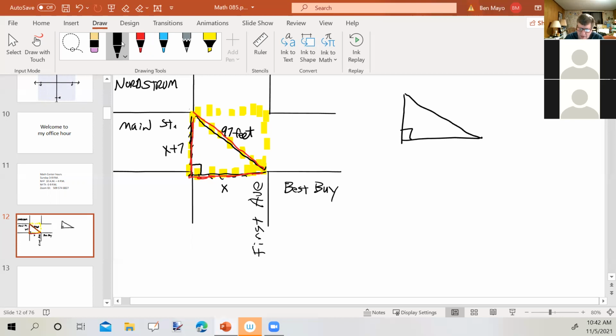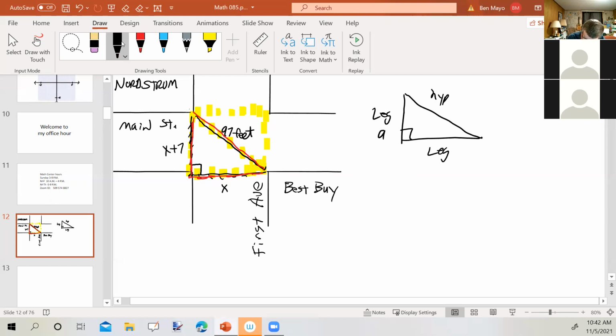is a right triangle. And there's a theorem called the Pythagorean Theorem that was supposedly created by a guy named Pythagoras. At least that's the story. And it says this, okay? The long side is called the hypotenuse. The two shorter sides are called the legs of the triangle.